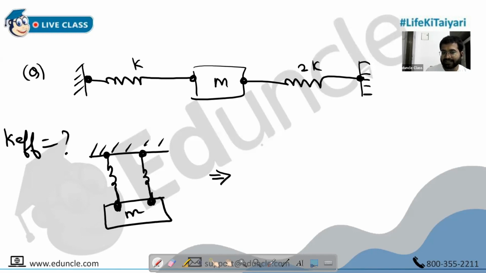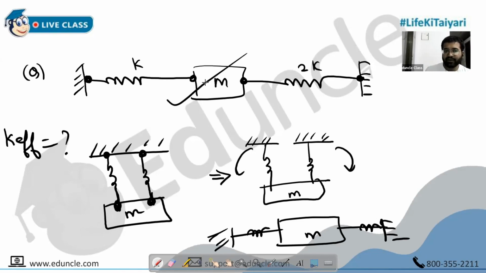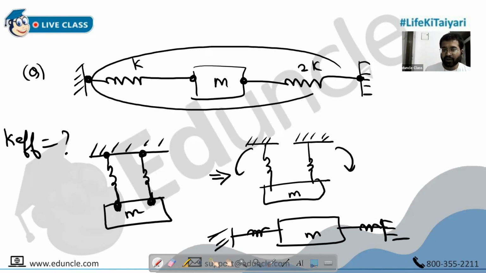And even if you don't understand it this way, you can divide this in two halves first of all. Does it really affect our answer right now? It doesn't. I've just divided it in two halves. And now just rotate the rigid medium by 90 degrees. You will understand it better. Whether you rotate it by 90 left or 90 right, you get the same combination. Please remember they are not in series.